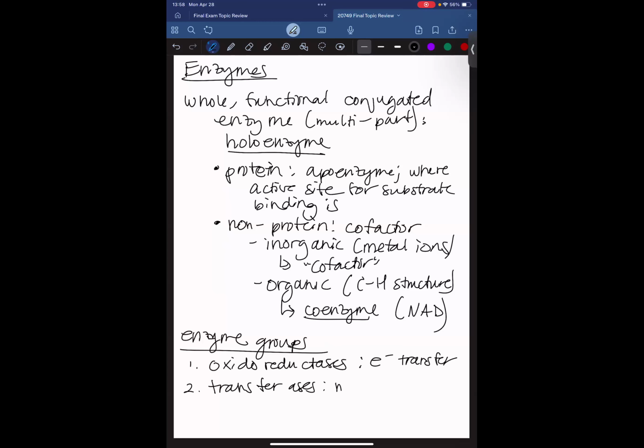Transferases are involved in moving molecular groups from one molecule to another. And then we had our hydrolases. These guys are going to use water to break molecules apart.